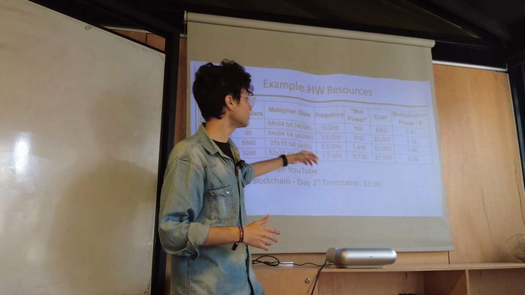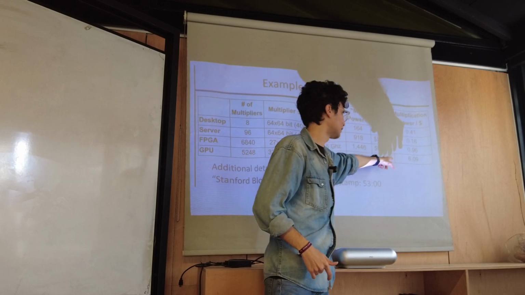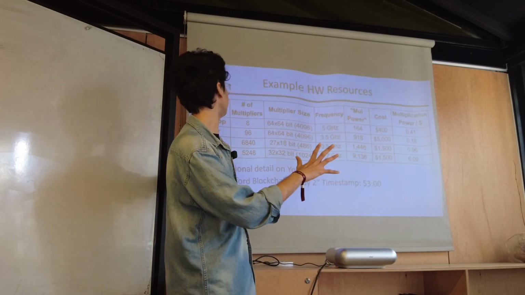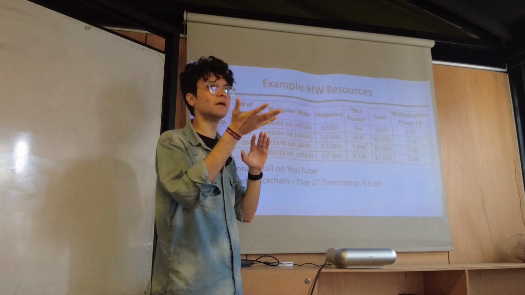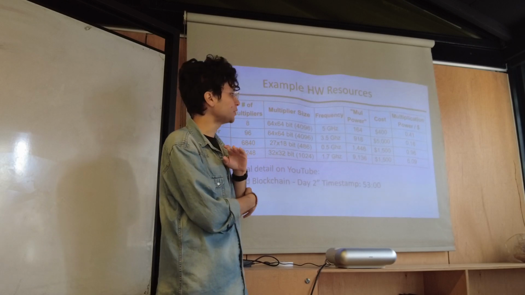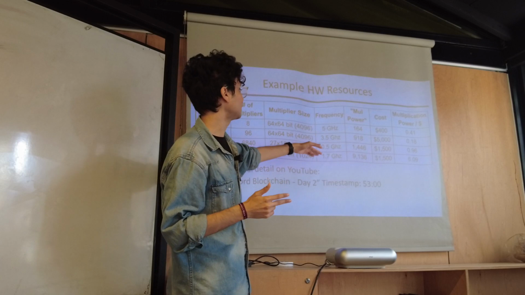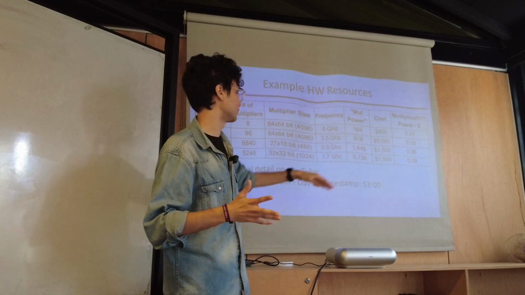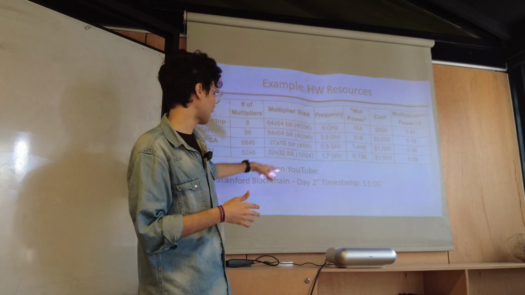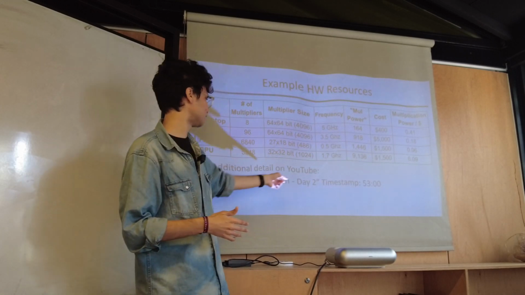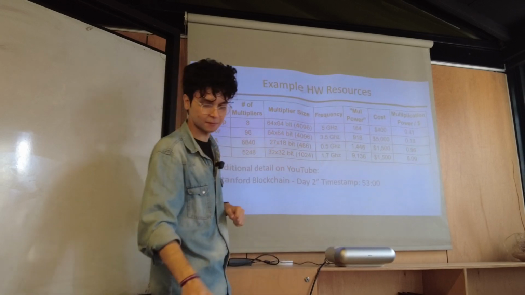But this is the number that we are concerned about: the higher the number, the better it is. You can see that GPUs as of today, 2023, give you the best performance per dollar. That may change in the future once we have better ASICs and FPGAs, but today I think GPUs dominate based on these results. If you're interested in this kind of data, I recommend this video, which went more into these statistics.